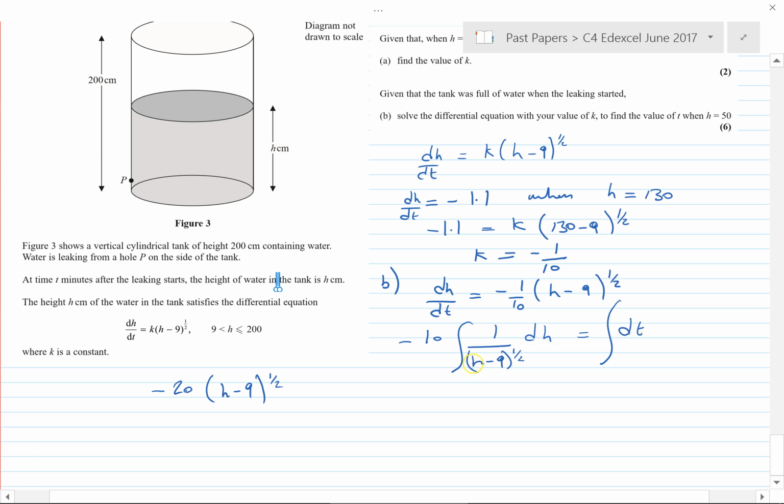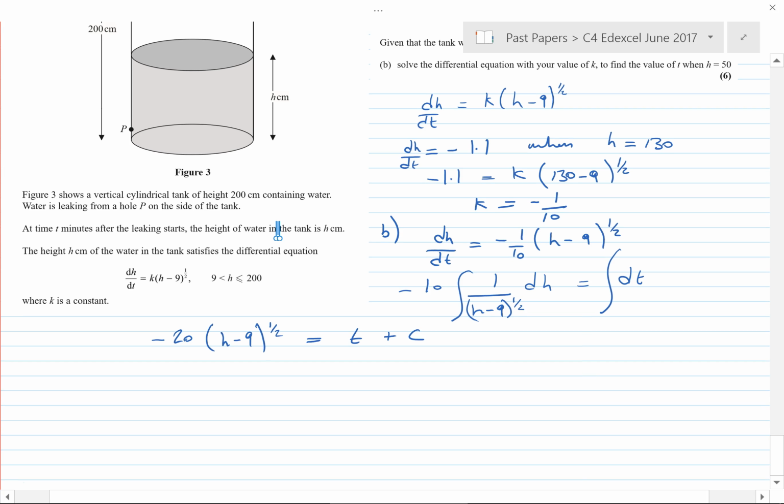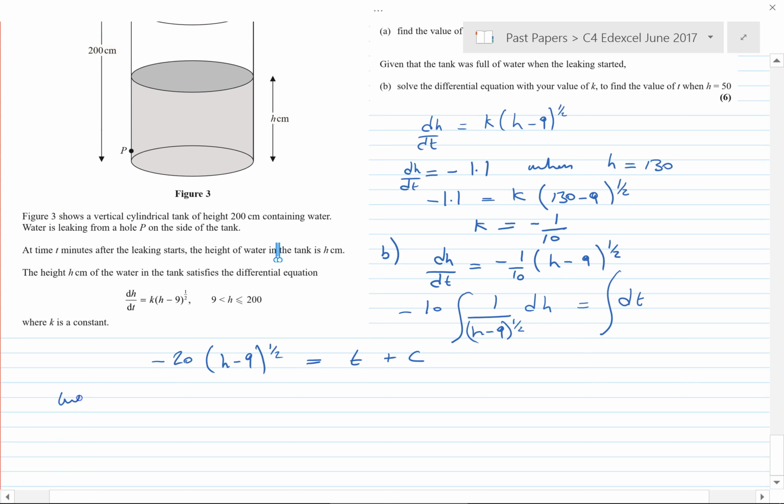And there's no constant in front of h, so we don't have to do anything with that, is equal to t plus c. And we're told that when t equals 0, h is equal to 200 because it starts off at the top.